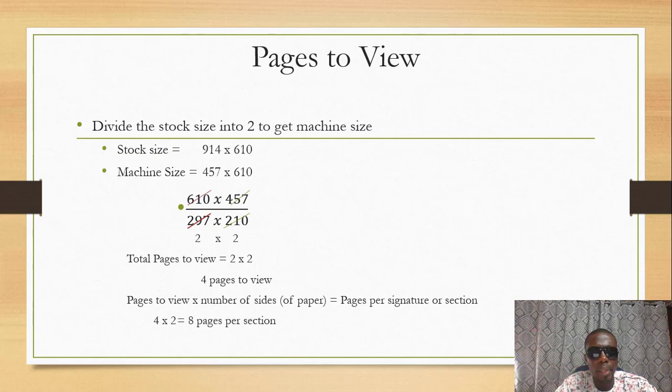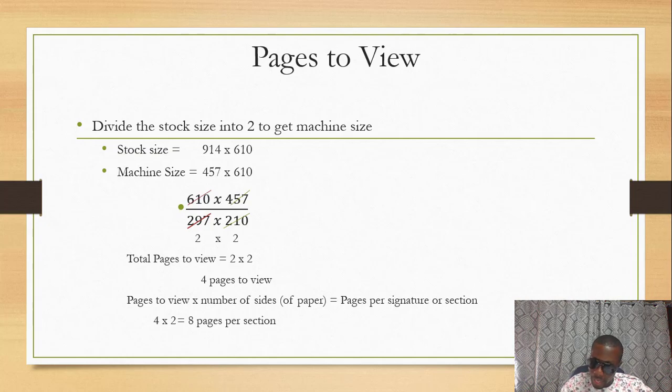Let's do cross multiplication and see. 297 will go into 457 one time, and 210 will go into 610 also two times. So we need to go for the best option, which is the 297 into 610, 457 into 210. We'll get 2 by 2. Let's multiply 2 by 2, which gives us 4. These 4 pages we are getting is the number of pages we can view on the machine size.